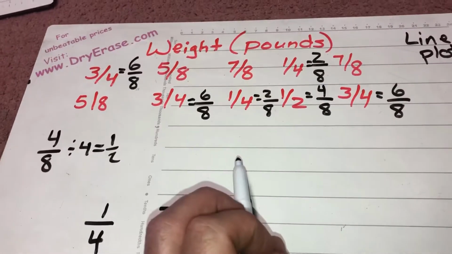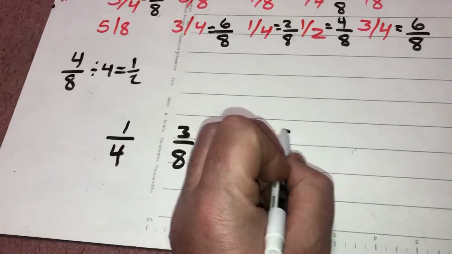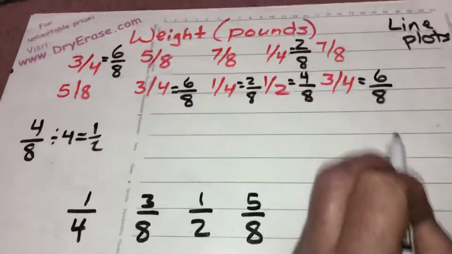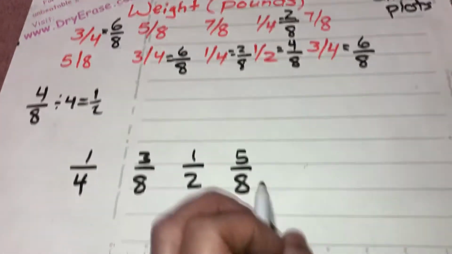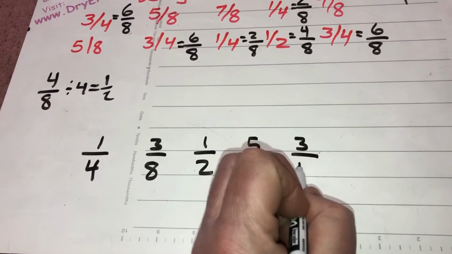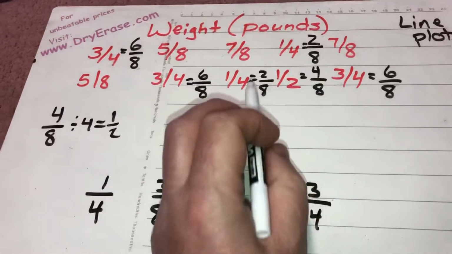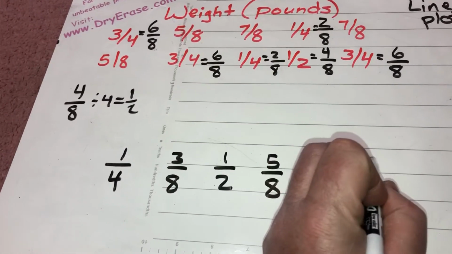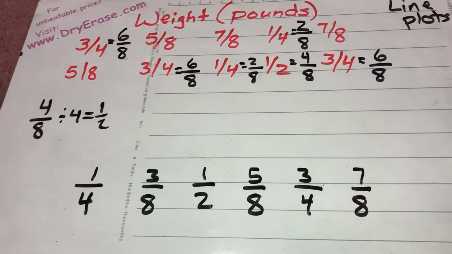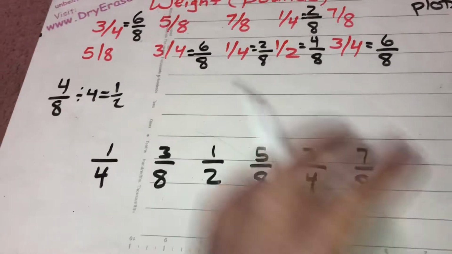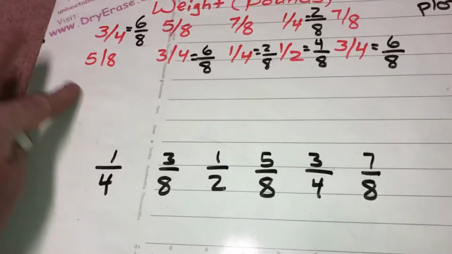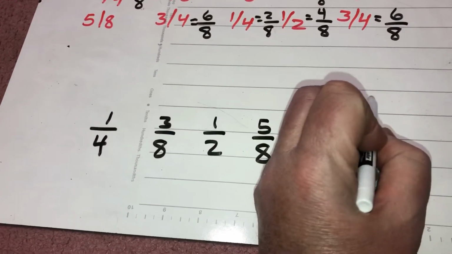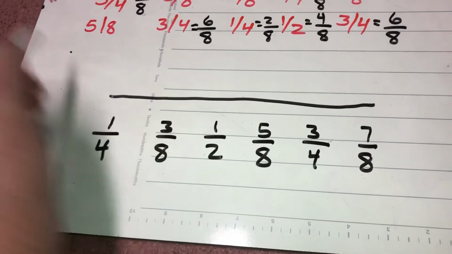Then I see 5/8. And then I've got some 6/8 here, and that's the 3/4 in simplest form. Divide them both by 2. And then I've got the 7/8. Okay, so I'm going to go ahead and put 7/8. All right, now I'm going to give us a little bit of room here by erasing that. So when I make a line plot, I make a line.